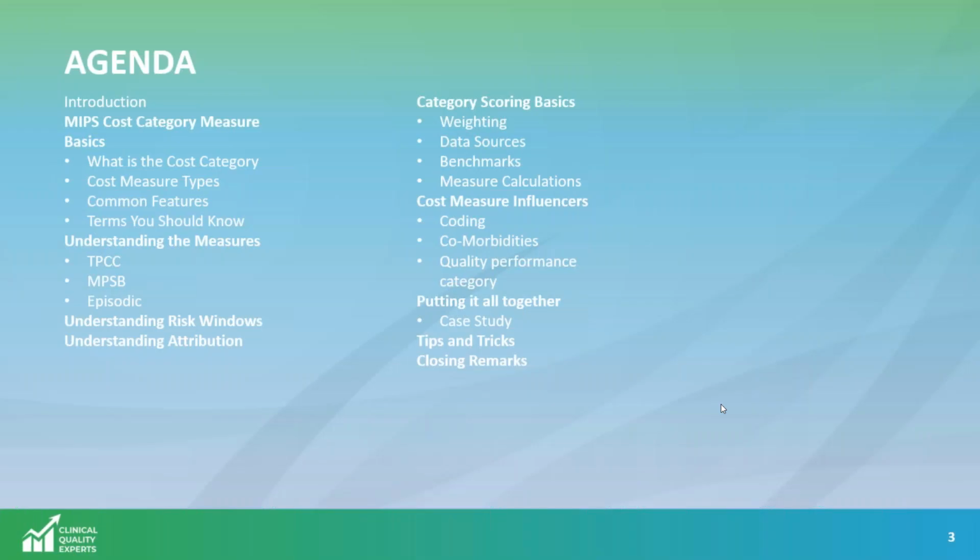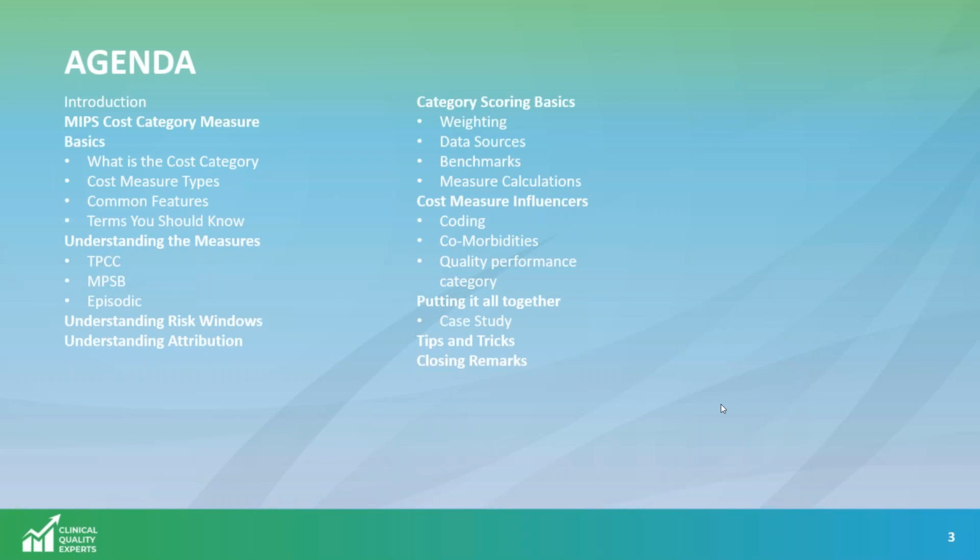All right, so for today's agenda, we're going to try to keep you all awake here. The cost category can be a little bit mind-numbing, but we'll do our best. So we're going to go over the cost category measure basics: what is it, measure types, common features, terms you should know. We'll also start into understanding the measures.